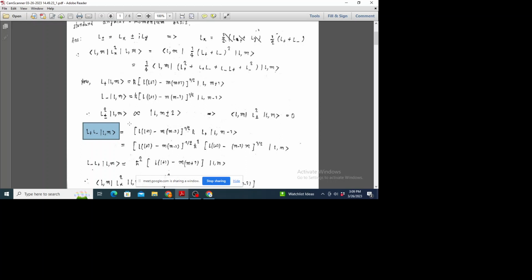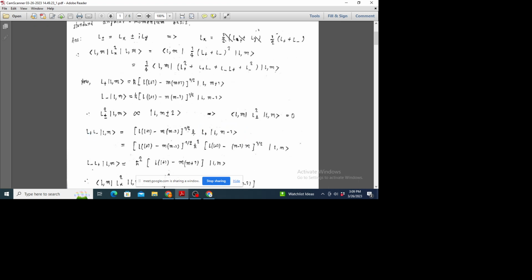Of course, let us first act with L minus. This gives rise to this factor, and this lowers the m eigenvalue by 1 unit. So this is L plus acting on |l, m minus 1>. This L plus is this one, as you understand.